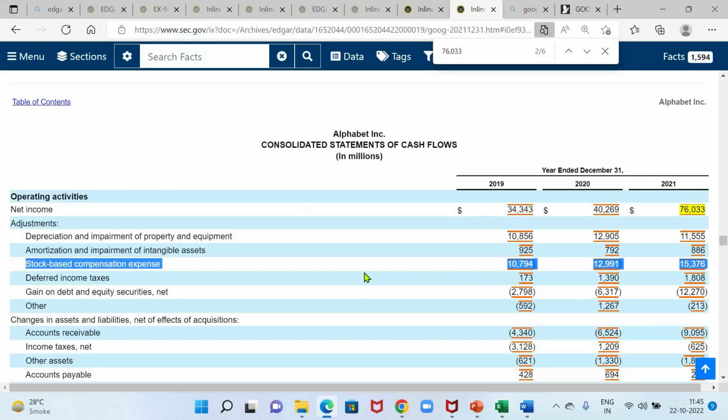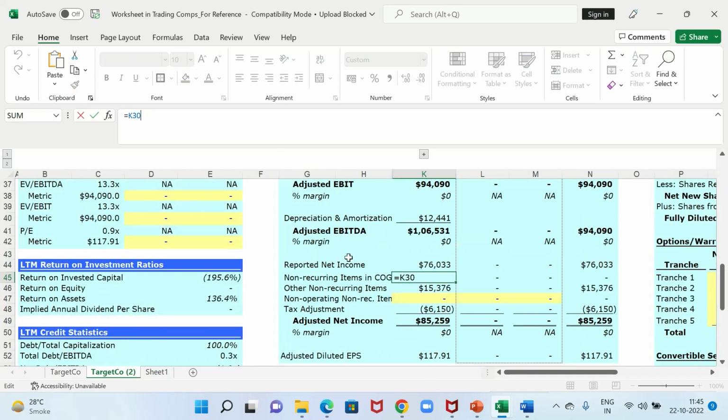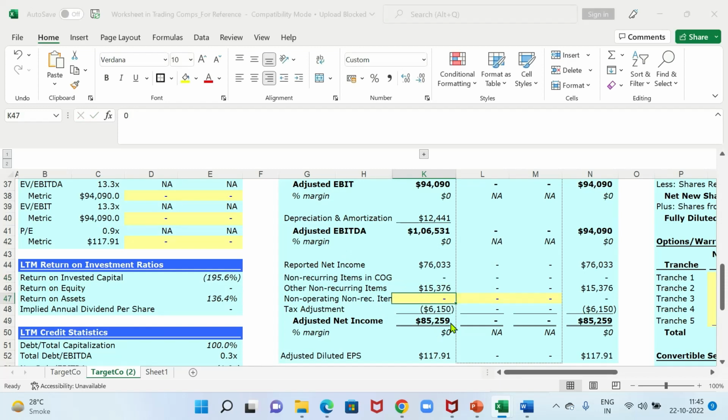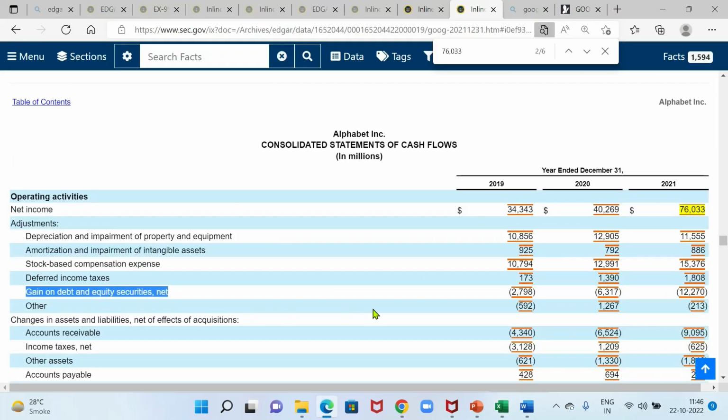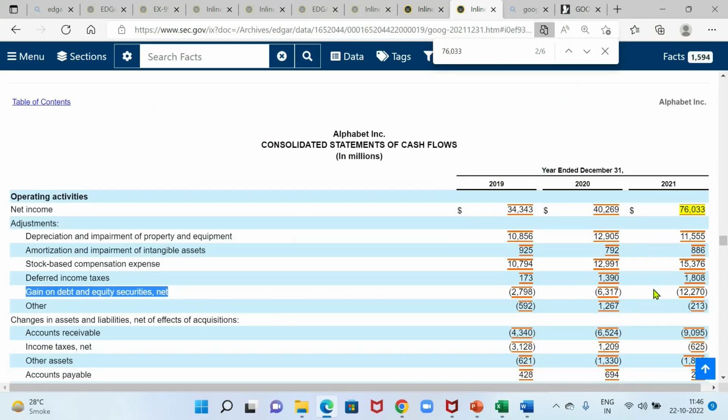Then gain on debt and equity securities. We'll have to see whether this is a part of my net income or this is my normal course.